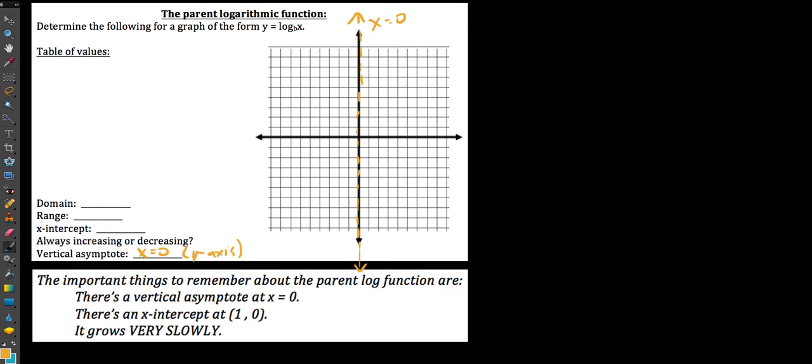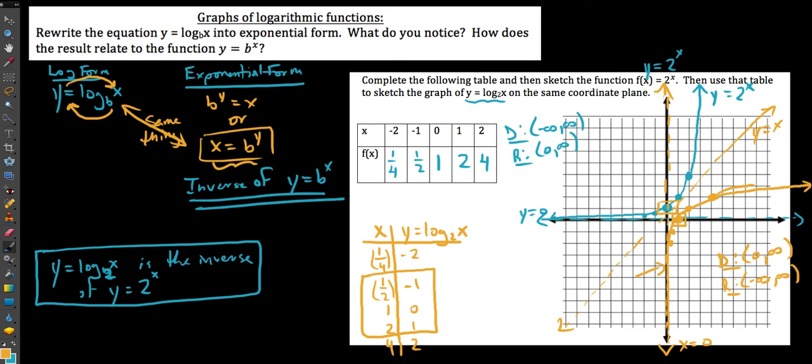Now in terms of tabling values, we can table any x value we want, so long as the x value that we plug into this log is positive. But in terms of which ones we tend to table, very convenient values. Because it's the inverse of something that is exponential like this, I'm going to plug in the original outputs of an exponential function as the inputs for a logarithmic function.